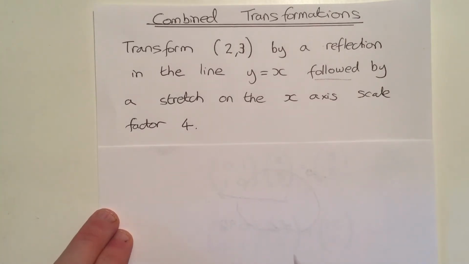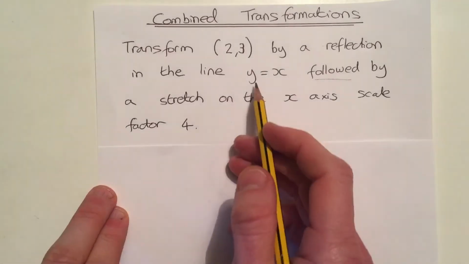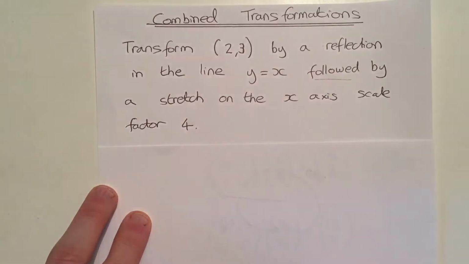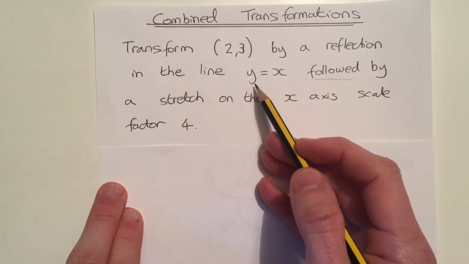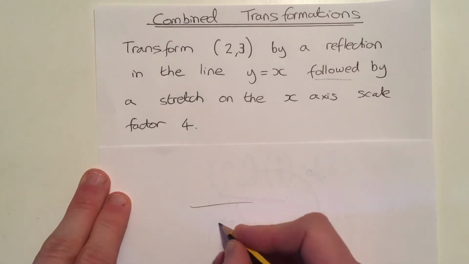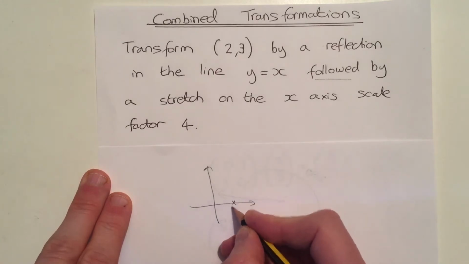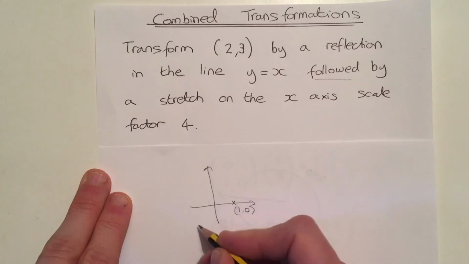So first of all, I want to do this reflection. So I want to remember what the matrix is for a reflection in the line y = x. Then I can apply it to that coordinate. Some of you might remember what the matrix is for this. If you can't remember, just remember that we could always find it by considering what happens to the coordinates (1, 0) and (0, 1).